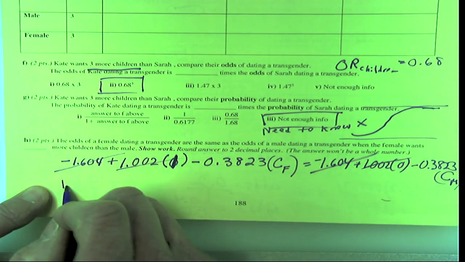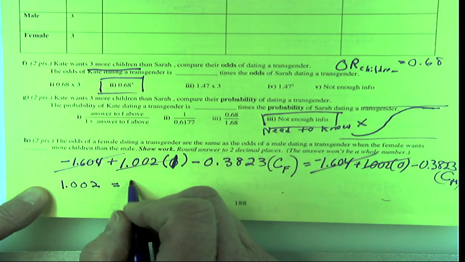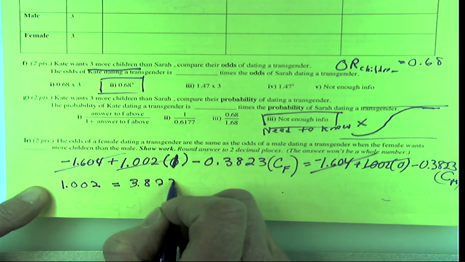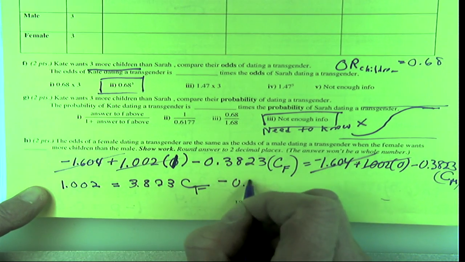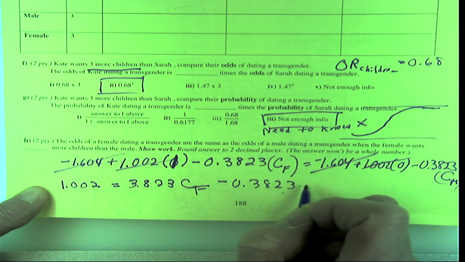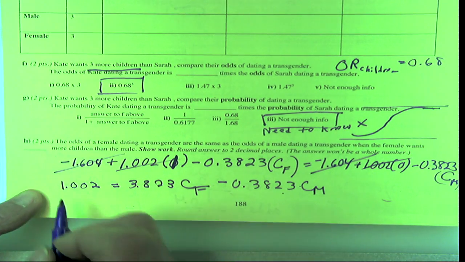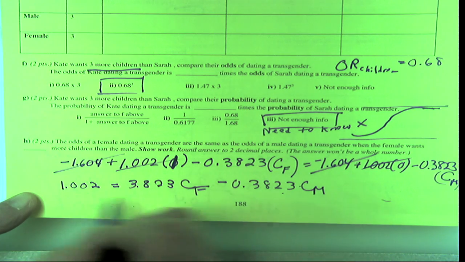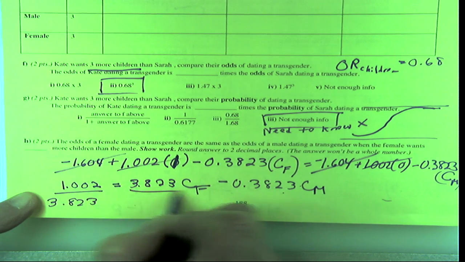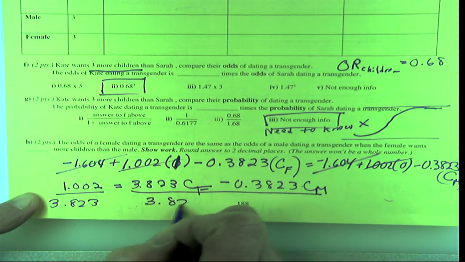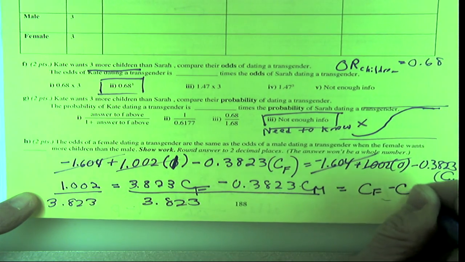And I'm left with 1.002 is equal to, bringing that to the other side, 0.3823 times the number of children for females minus 0.3823 times the number of children for males. So we'll just divide both sides by 0.3823. That's the difference right there.